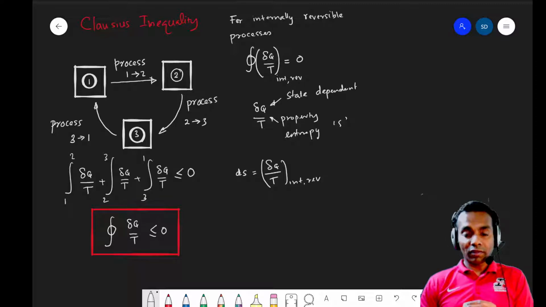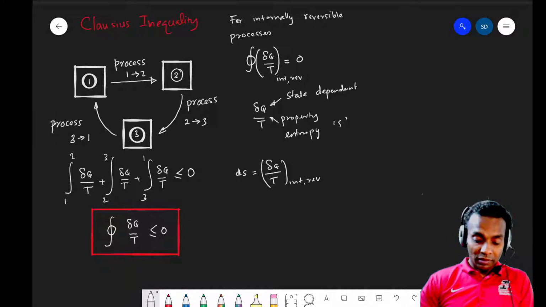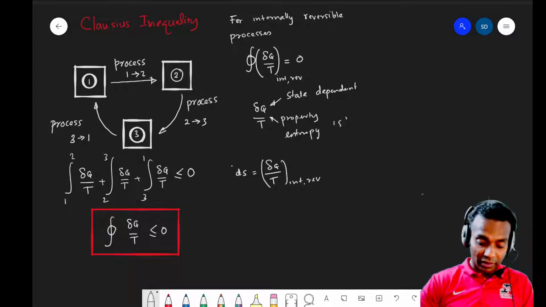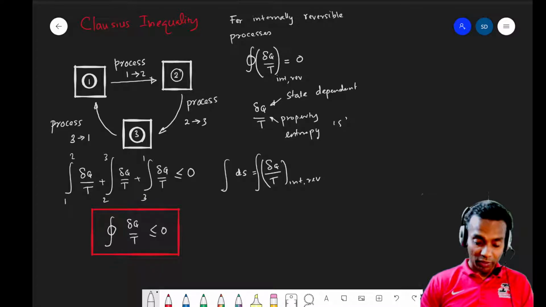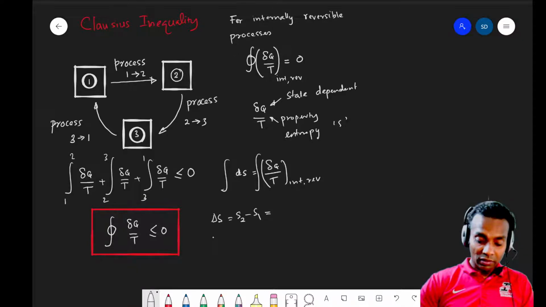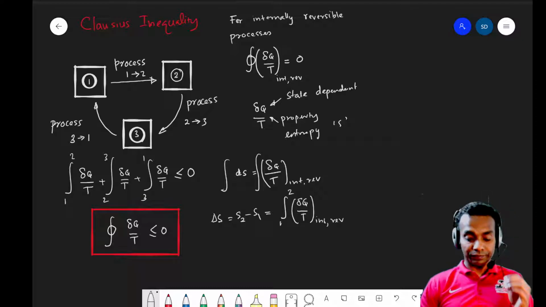If one wants to find the change in entropy during a process, we can take the integration on both sides. We can say delta S is equal to S2 minus S1, which is equal to the integral from 1 to 2 of dQ over T. But this process has to be internally reversible.